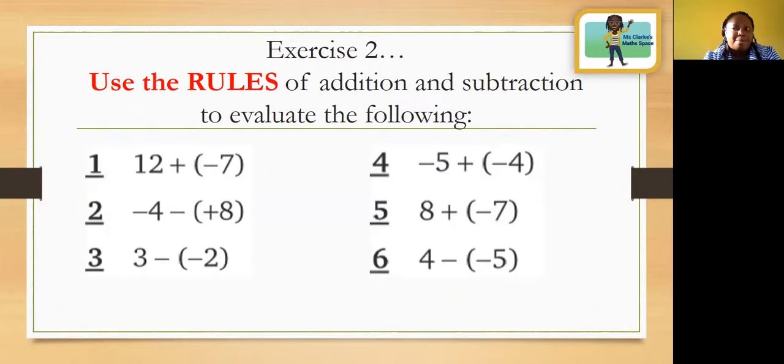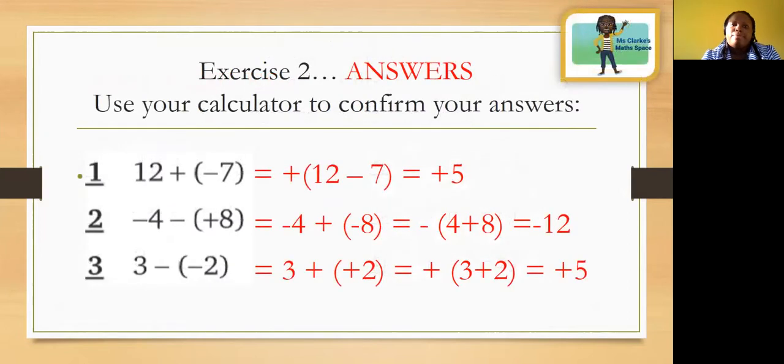All right, welcome back. I know that you all should have answered these 6 questions and you all would have confirmed it with your calculator. Let's do the answers. So number 1, we have 12 plus negative 7. So we have positive 12 and negative 7.